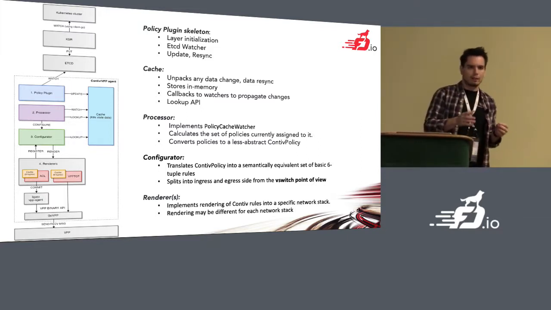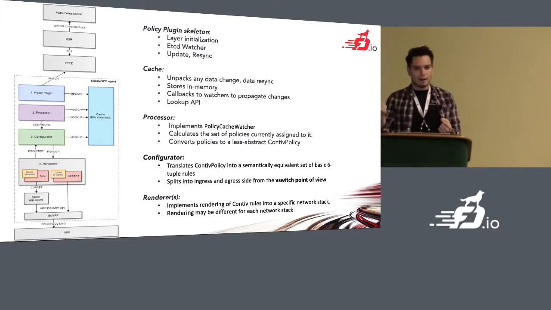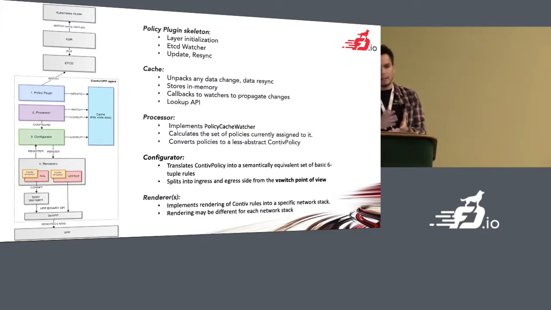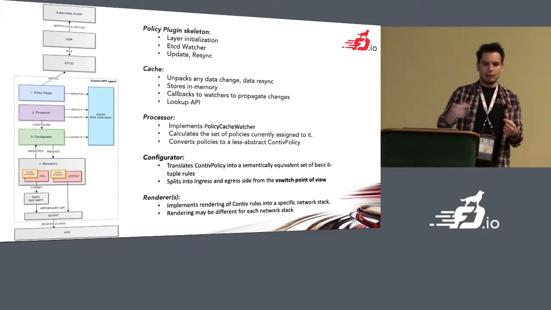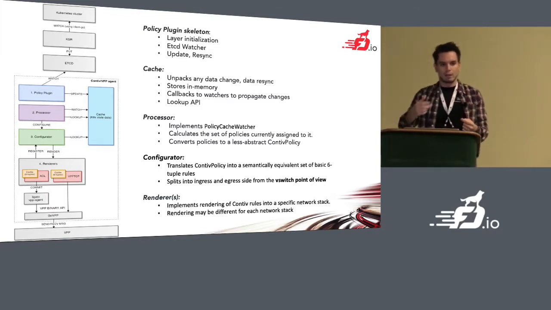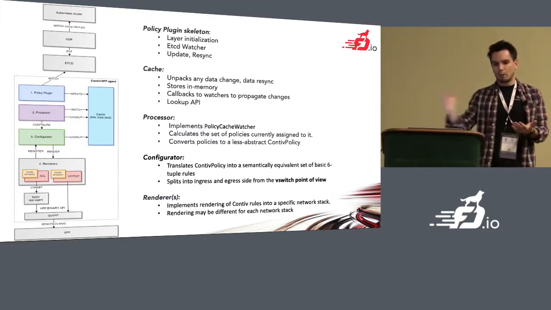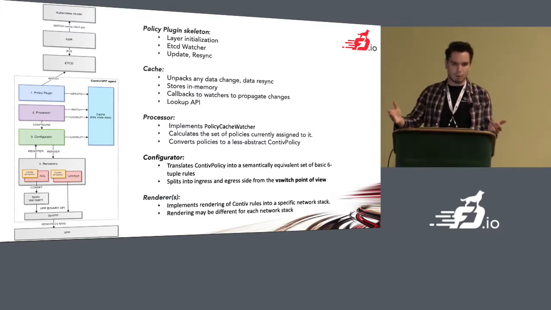What the processor does is, when it sees a change, it calculates the set of policies currently assigned to a pod. So if we add a pod, it will calculate all the policies applied to the pod based on the label selectors. Or if we add a policy, the processor is responsible for finding all the pods that are affected by that addition of policy.